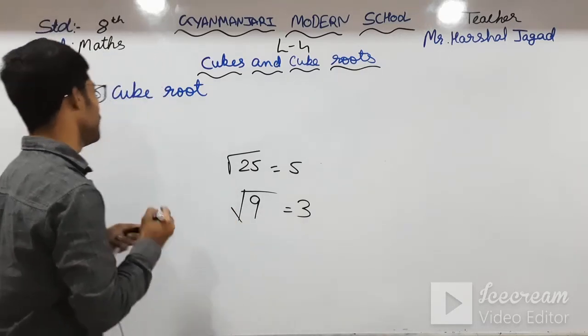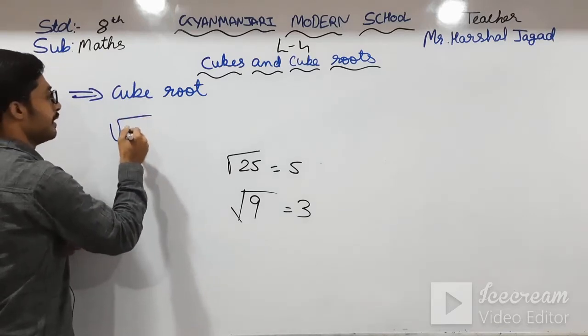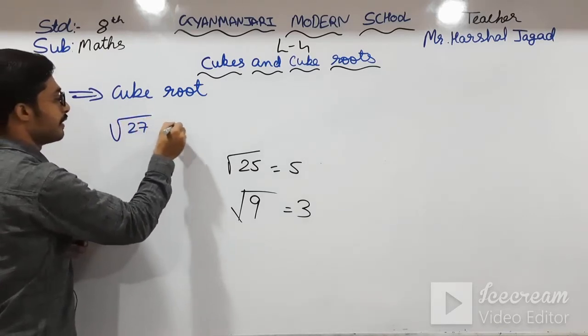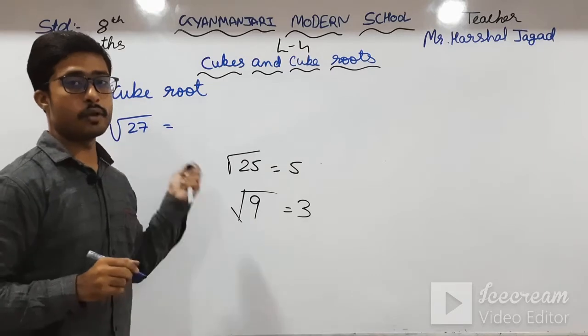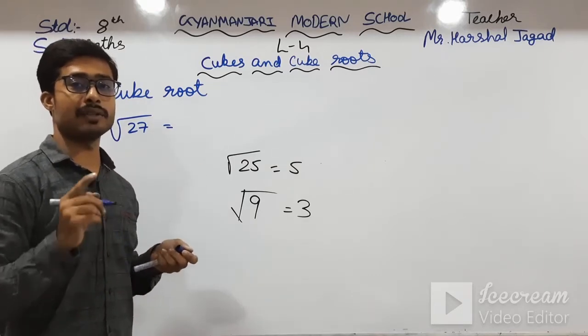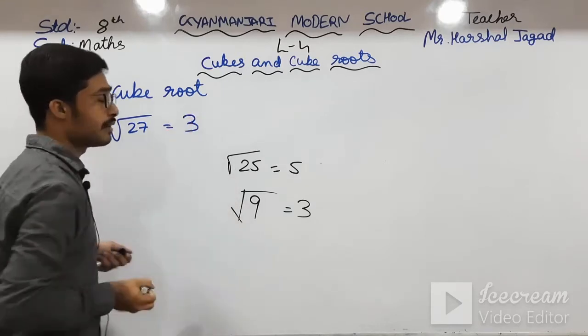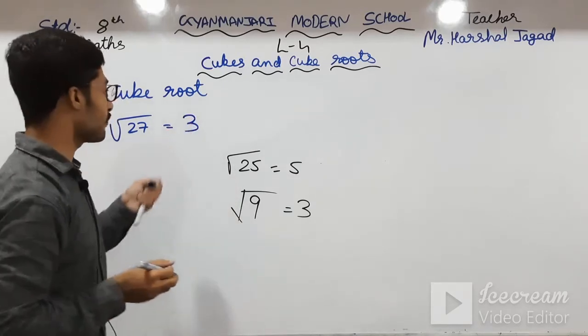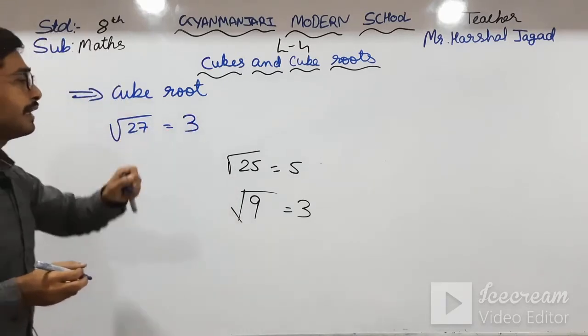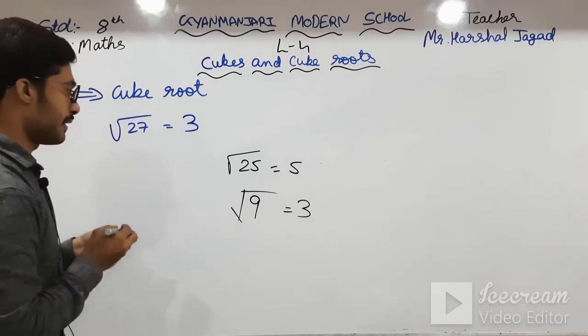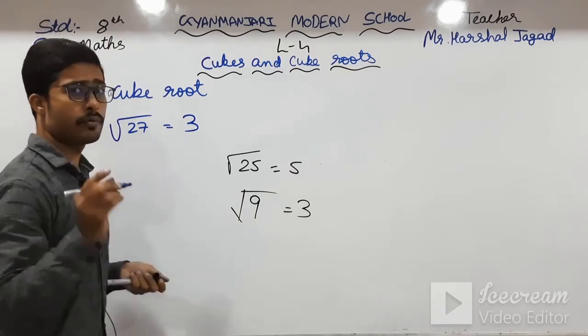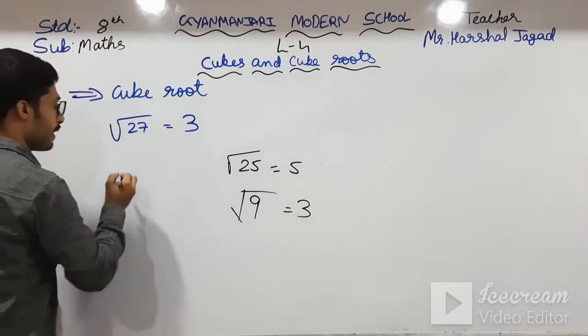Okay students, take 27. The cube root of 27, we all know 3 3s are 9, 9 3s are 27, so the cube root is 3. This way we can take out the cube root. Or else, if you want the cube root, what do we have to do?